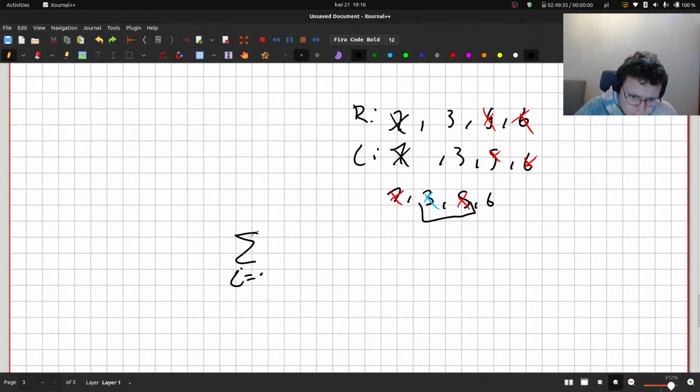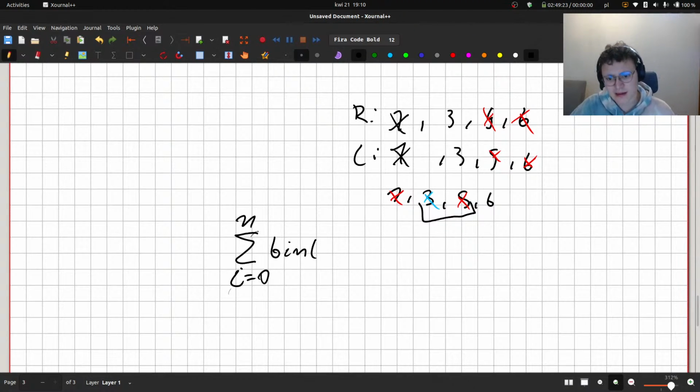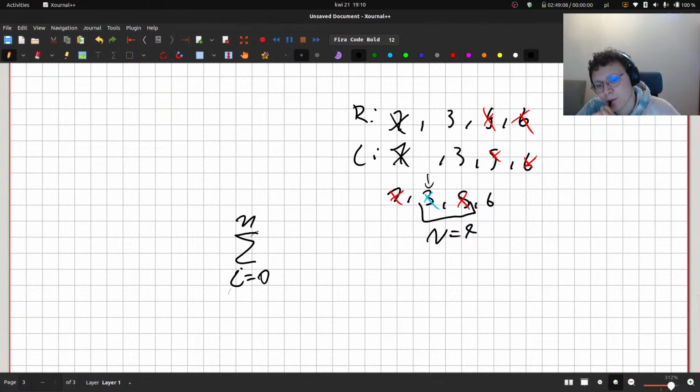So if we put i rooks on the diagonal, then we have to choose from, well, let's say our array length is n, so here n would be equal to 4. It's like another problem. Or wait, maybe I have overcomplicated it.